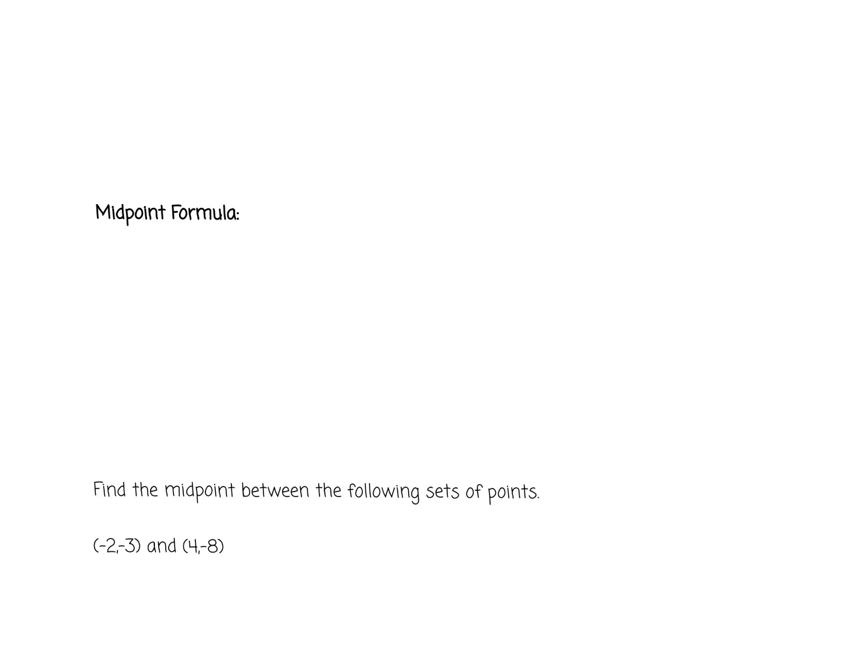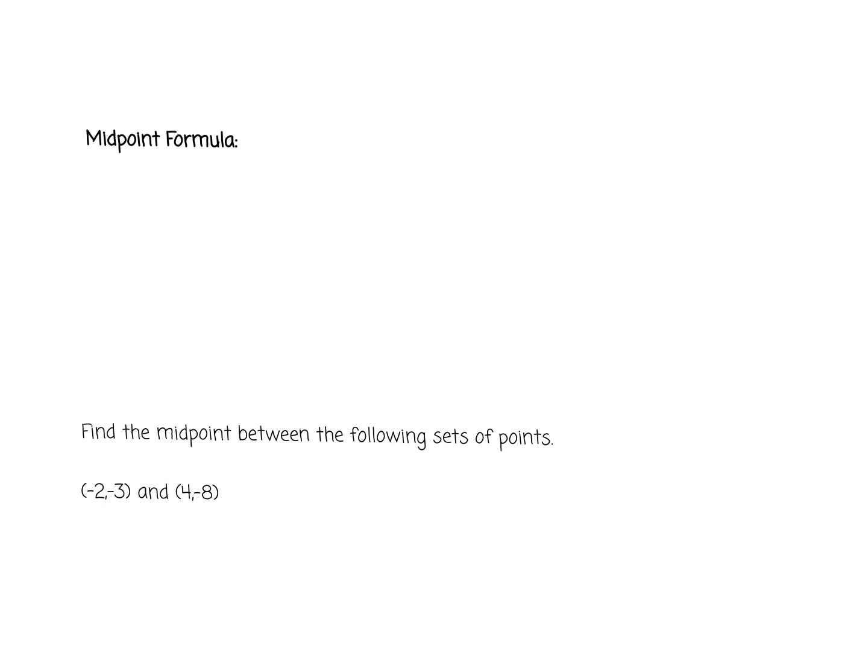Last thing we're going to talk about is our midpoint formula. Similar to the distance formula, you're going to have your points x1, y1, and x2, y2. And your midpoint is the point in the middle.